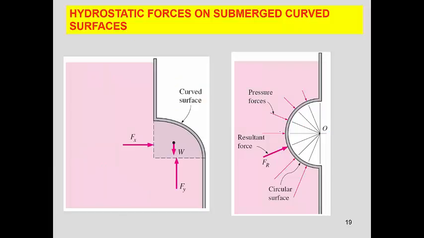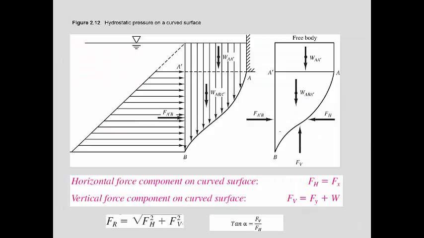Now, for hydrostatic forces on curved surfaces, you have several options and several additional steps. In the case of a curved surface, like you have here, let's say that this is your curved surface. There are two forces.